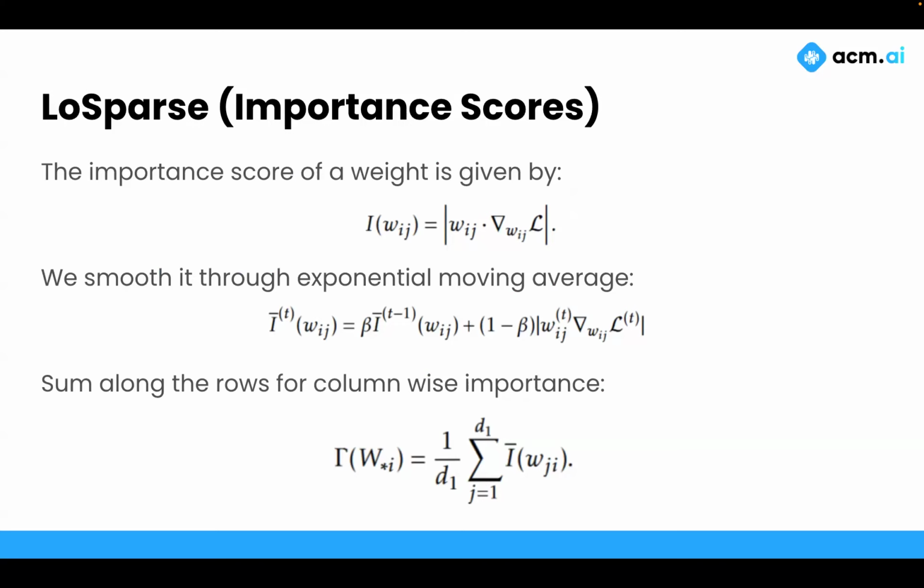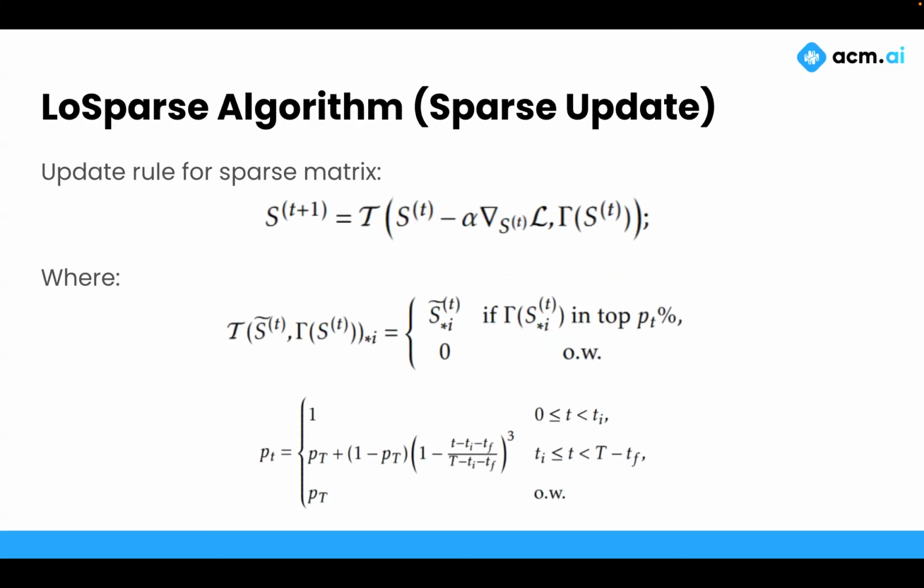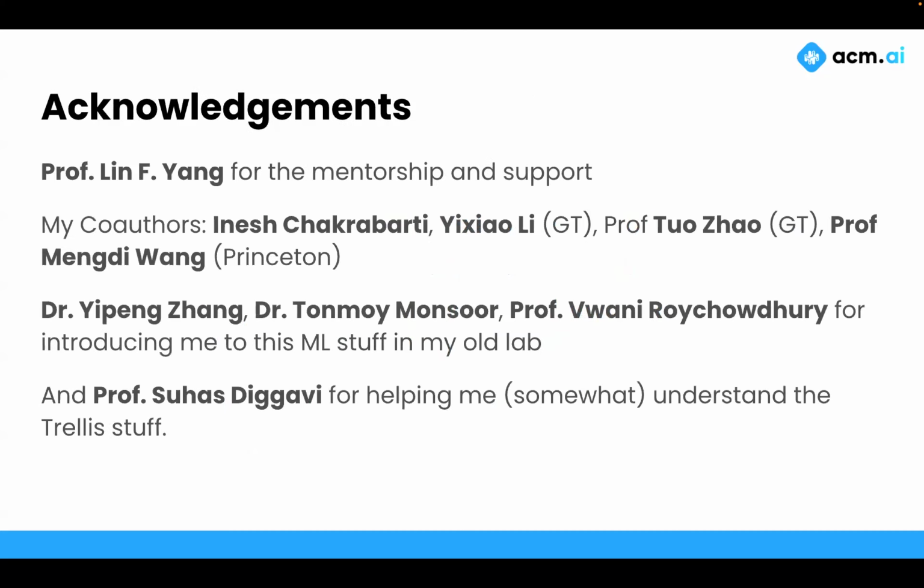So then what they do is, over the course of training, they do simple SVD to decompose the initial low rank matrices. So while training, they start iteratively pruning the worst columns over time, following this kind of a scheduler. And that's about it.